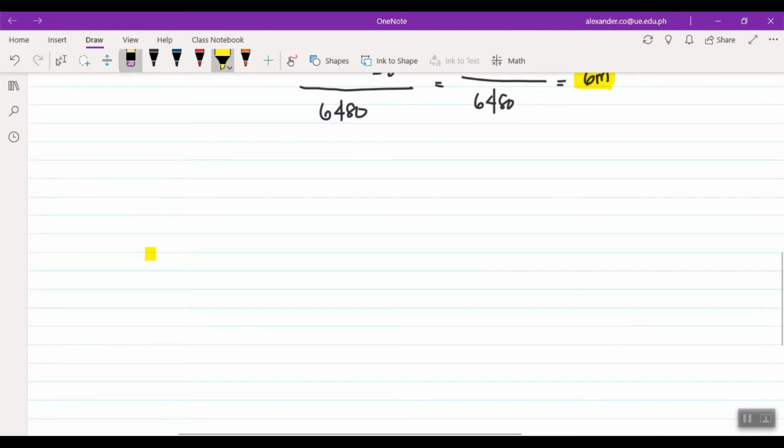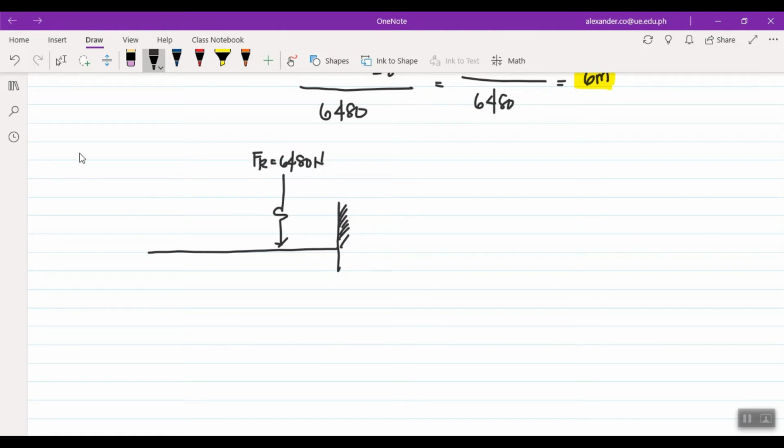Tama. So, kung summarize natin ngayon yan, the final answer will be this. It's now equal to, ito yun. Ito na yung F sub R mo. Nalagyan ko ng ganyan. Equivalent lang kasi yan. 6480 Newton.